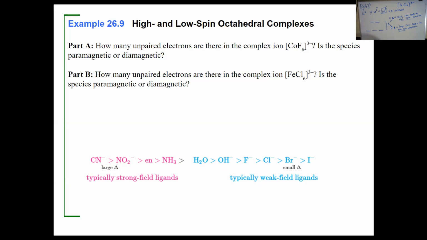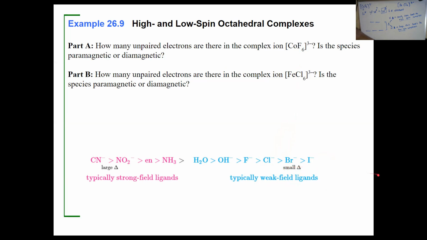It's like taking a step up a curb versus climbing up 3 flights of stairs, right? Going up one step is not a big deal. And so electrons are able to spread out in that manner. So we have to look at the ligand that's attached, in this case fluorine. We have to find it on the list. Here it is. It says fluorine is typically a weak field ligand, so fluorine is going to have a small delta value.